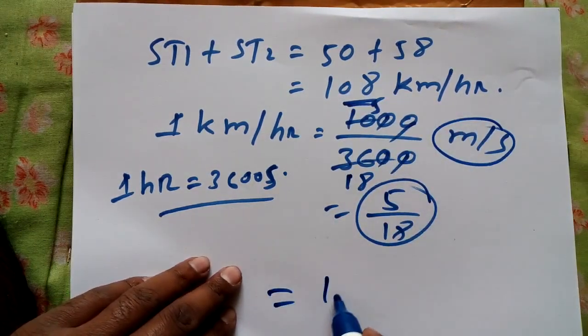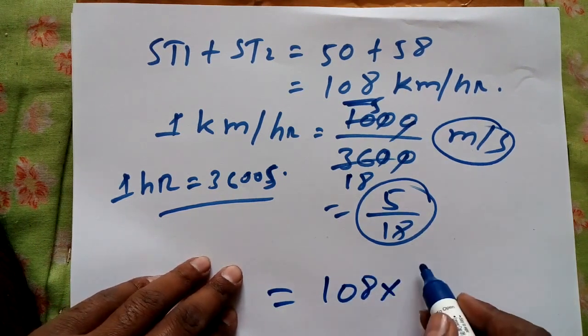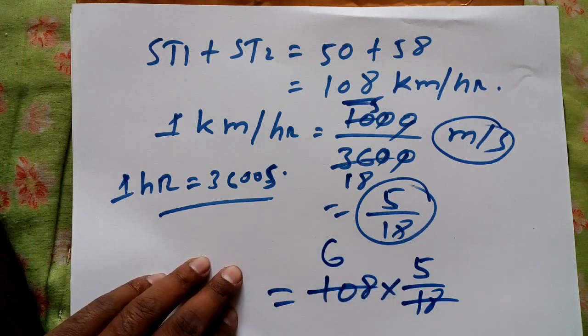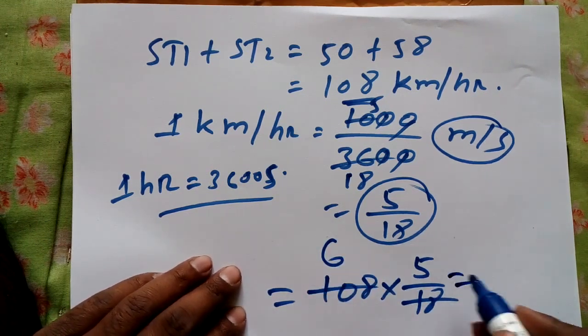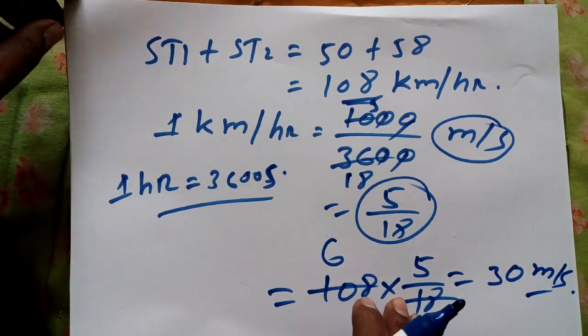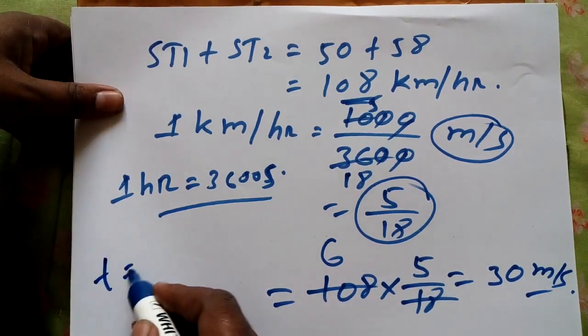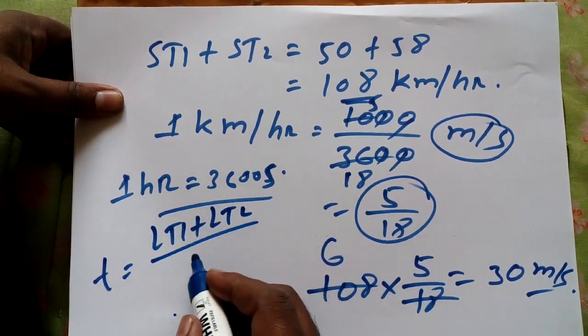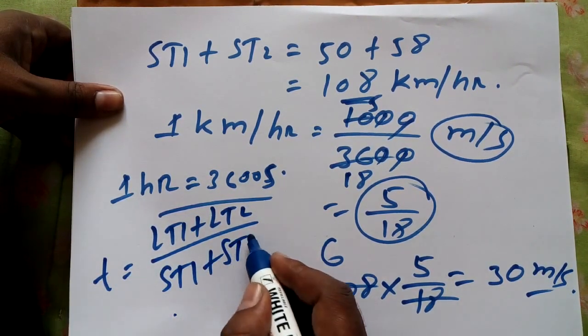Let's do it. 108 into 5 upon 18. 18 sixes are 108, so this is 30 meter per second. Now we can apply the formula. T is equal to (LT1 plus LT2) by (ST1 plus ST2).